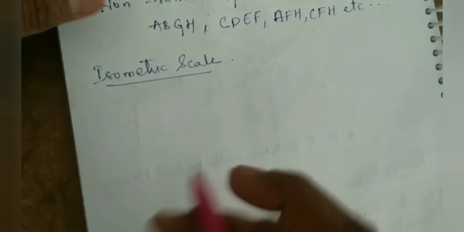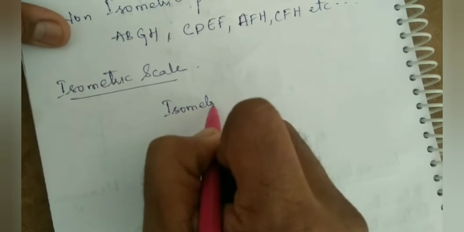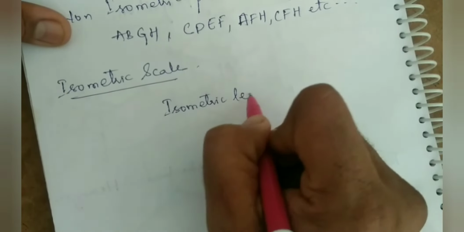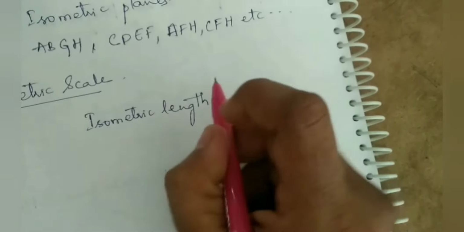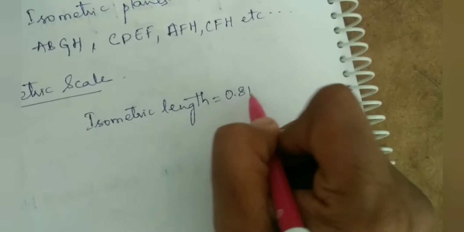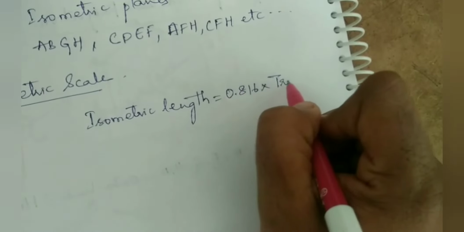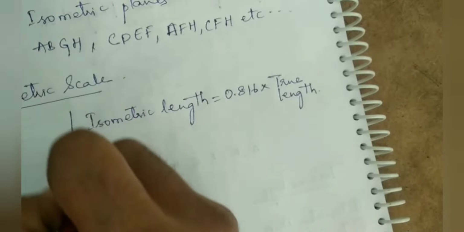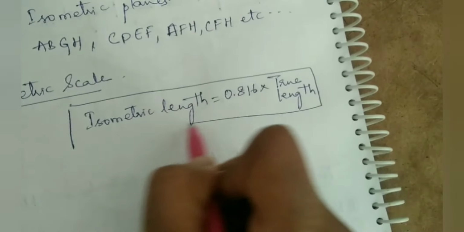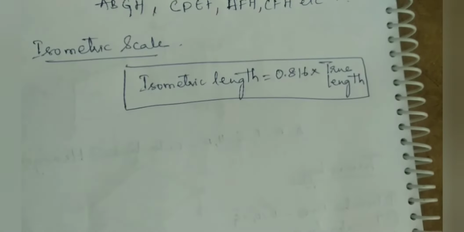It is given by the relation: isometric length equals 0.816 into true length. This is the general relation that we follow mainly in isometric projections.